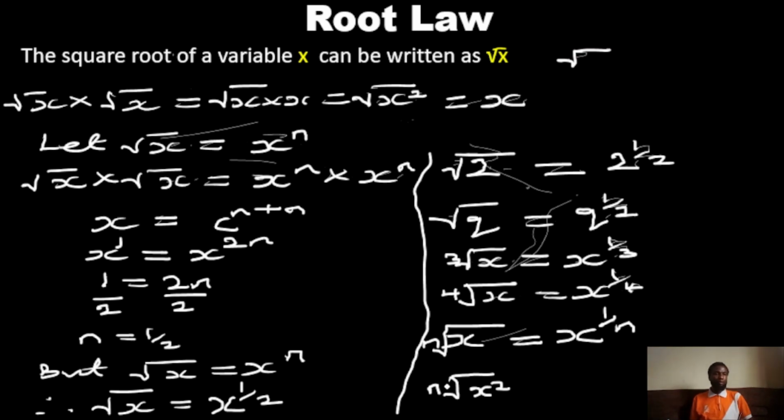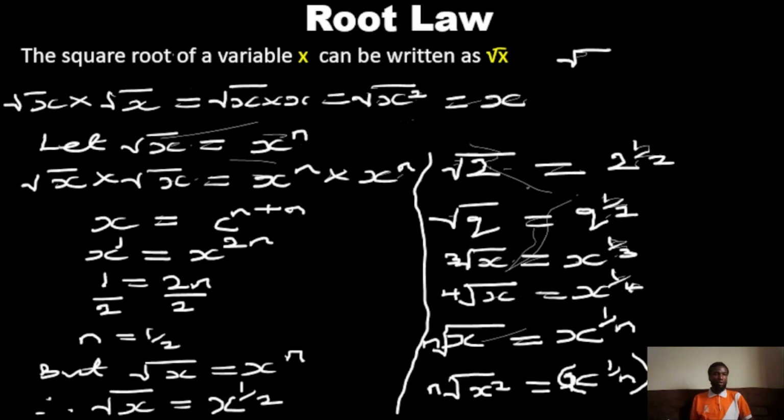The nth root of a number can be expressed as x raised to the power of 1 over n, everything raised to the power of 2. When we have a power raised to another power, we multiply the powers, so this will give us x raised to the power of 2 over n.